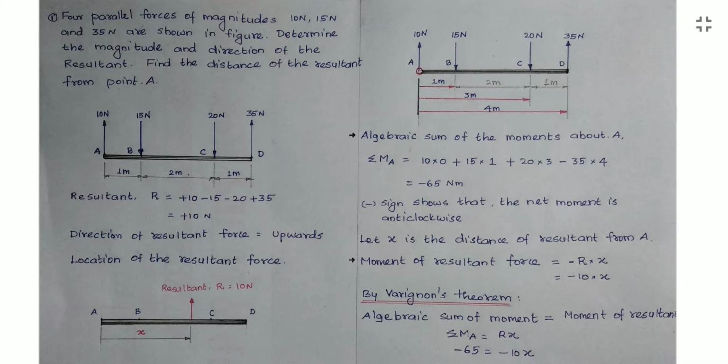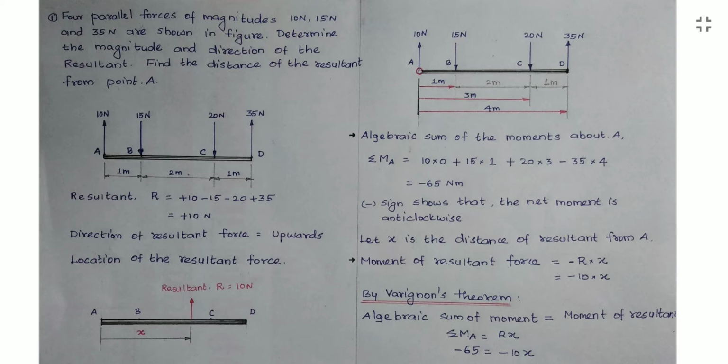Then this 15 Newton is acting downwards, so minus 15. Then 20 Newton is also acting downwards, minus 20. This 35 has its arrowhead towards up, so plus 35. Adding all of them, we get plus 10 Newton. So we find the resultant.